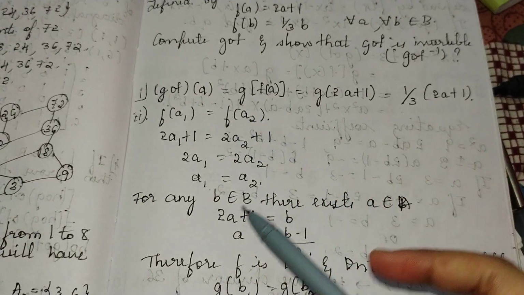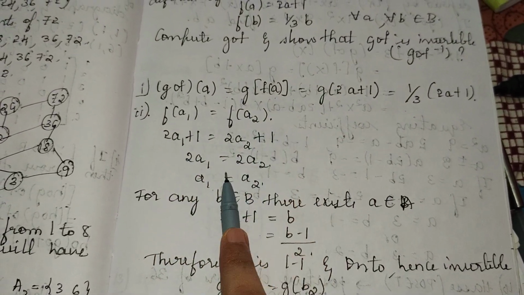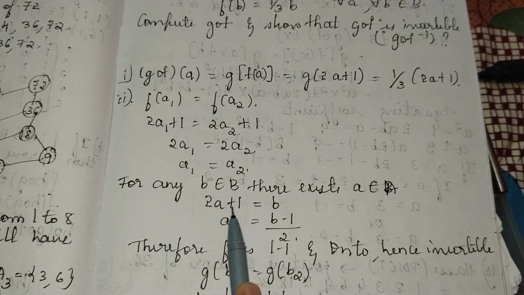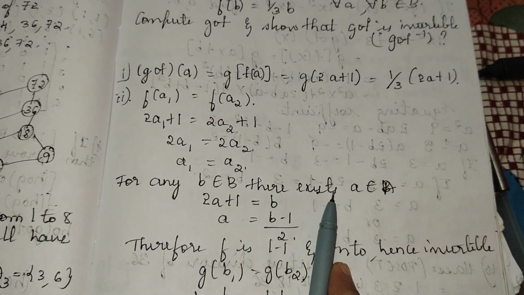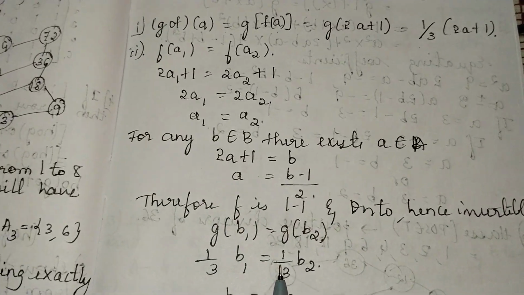So if you prove that it can be expressed, first you will say that A1 is equal to A2. Then you will say that for some other relation this must be equal. The one particular relation that will become invertible.